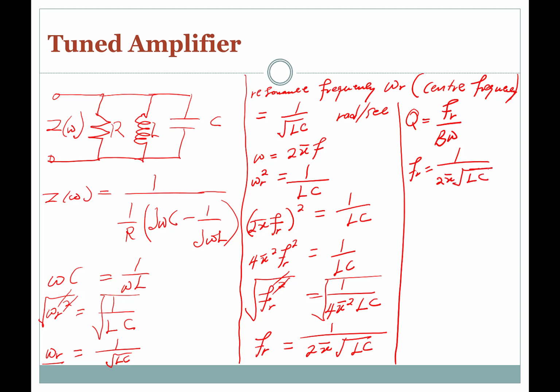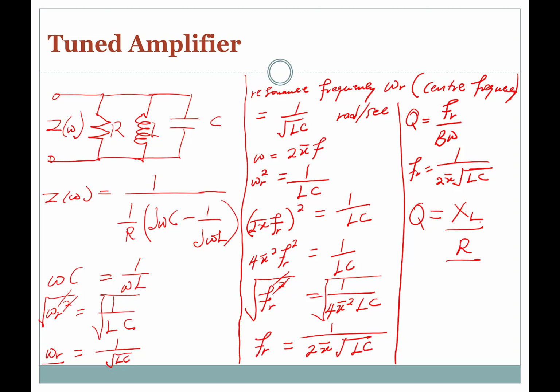But if we use the circuit components to determine our Q, then Q equals XL divided by R, where R is the resistance and XL is the reactance of the inductor.